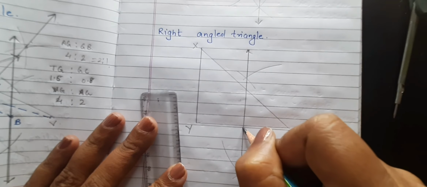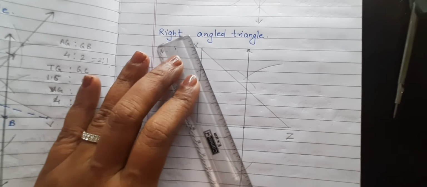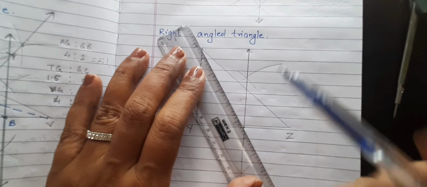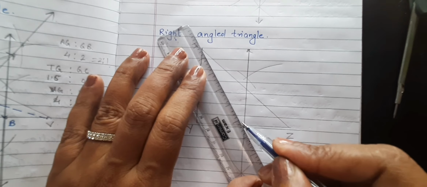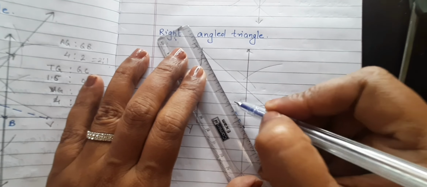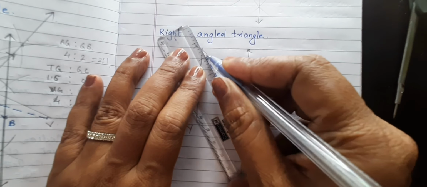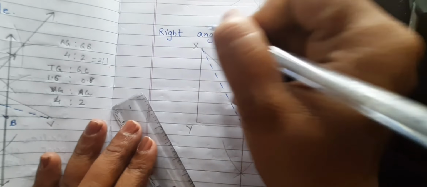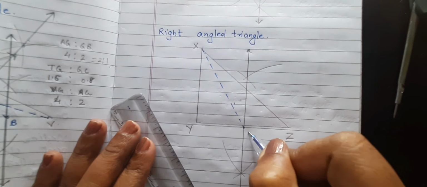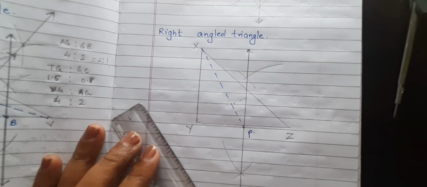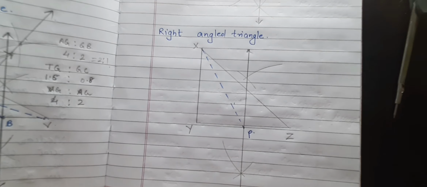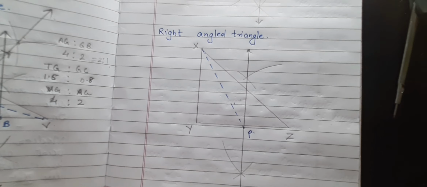Now here, this is the point that I'm getting. What I'll be doing, I'll be joining with the help of a pen. Why am I using a pen over here? Because too many lines are there. We will be confused about which is the median and which is the perpendicular bisector. So the pen dotted ones are the medians. Okay.